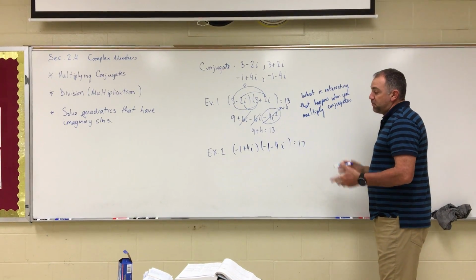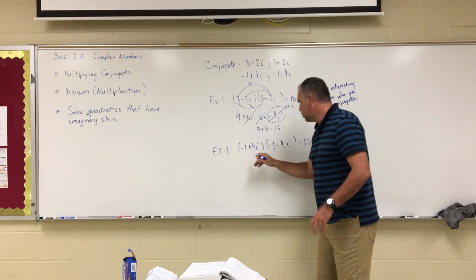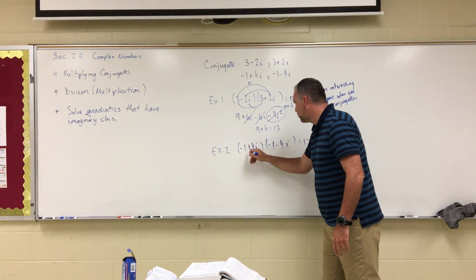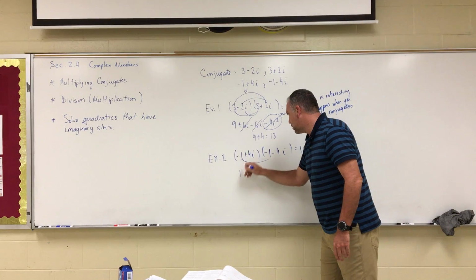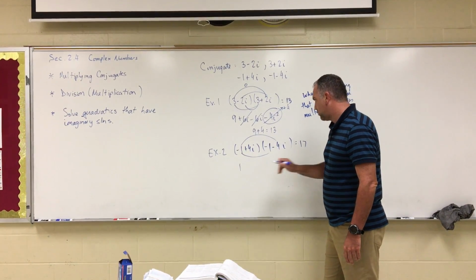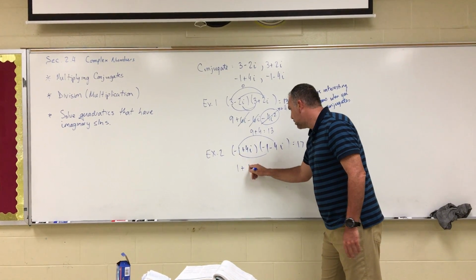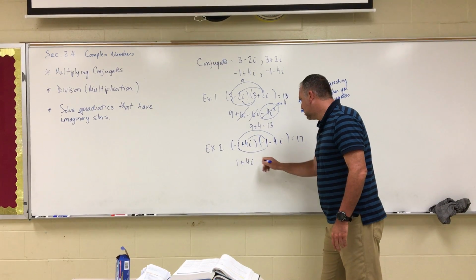Is it always going to happen for conjugates? So let's go one more time, see that it happens, and then we'll make a note on that. So if we do first, we got 1. Outer, you get plus 4i. And inner, you get minus 4i.